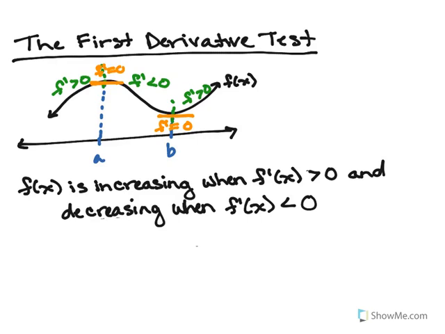So if I were to ask you, what are the intervals over which this function is increasing and decreasing, you would tell me it's increasing where the derivative is greater than 0. So when I look at that, that's going from negative infinity up to A. And it's also increasing from B to infinity.